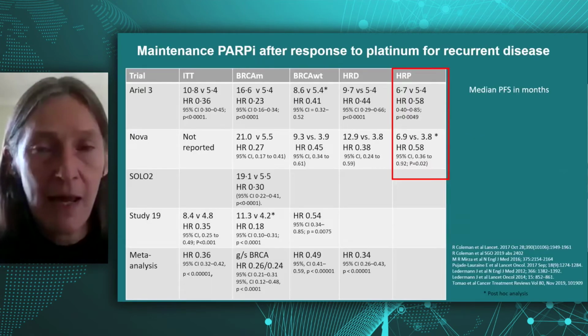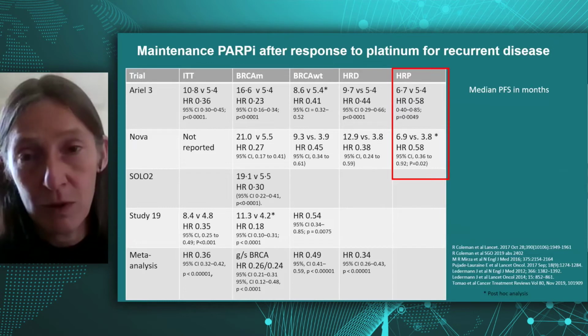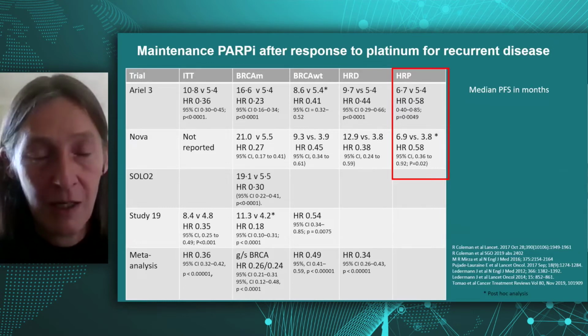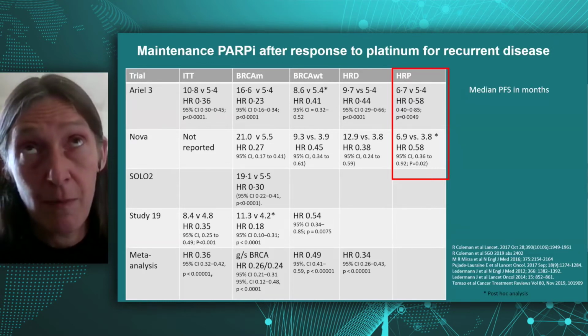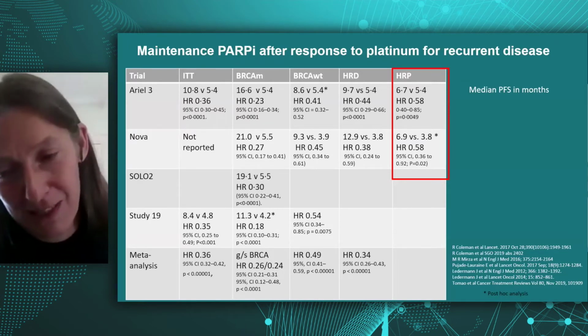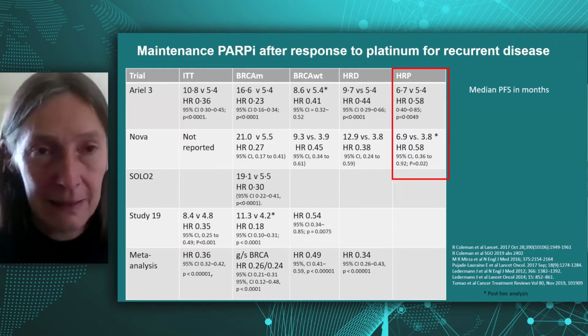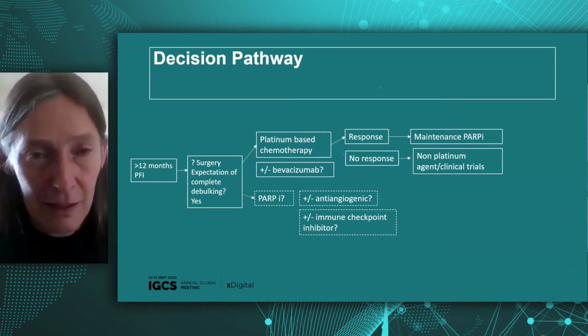So if you compare those modest benefits with bevacizumab to the benefits of a PARP in the HR proficient group, we're talking about very similar levels. But obviously what we don't have is the benefit of Bev in these different molecular groups, because those studies didn't include that. So we don't know exactly what the benefit of Bev in that HR proficient group would have been. However, we will talk about that a little bit more.